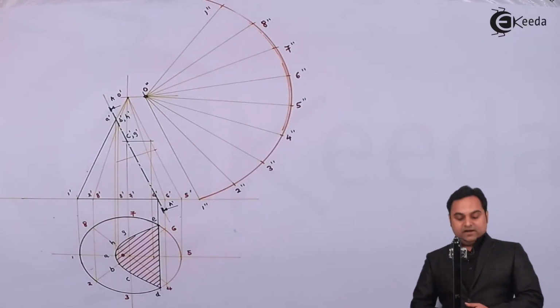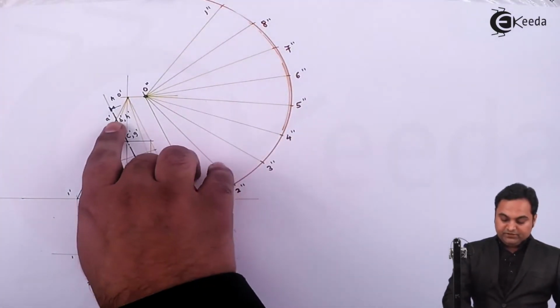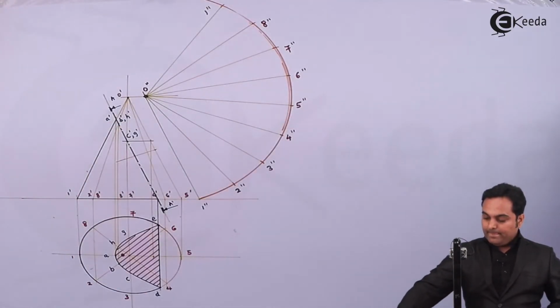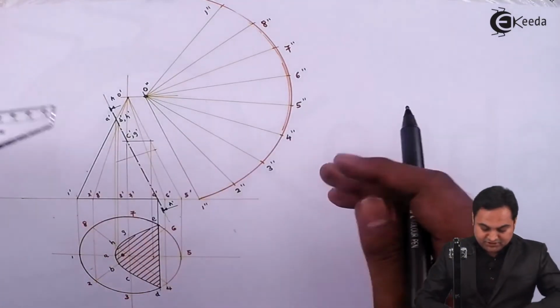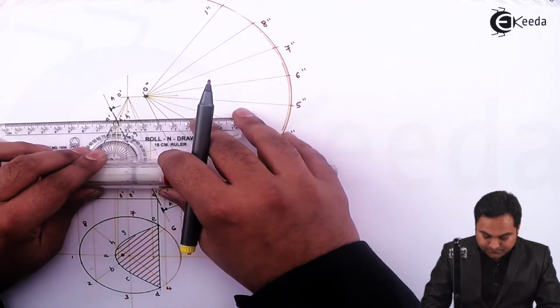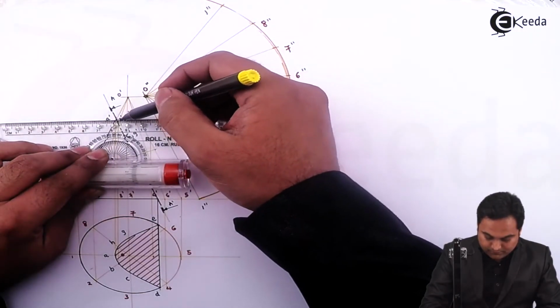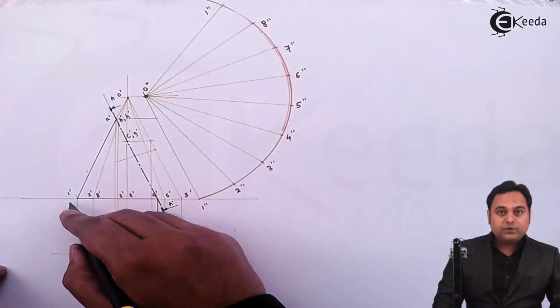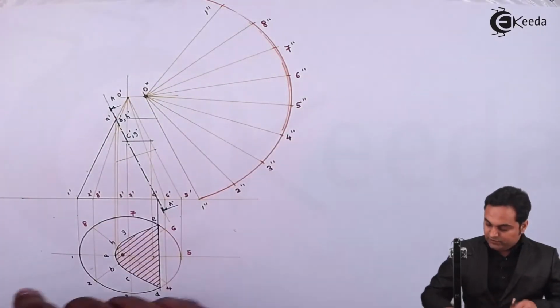Now after this, as I have plotted the points, starting with A dash first, that should be plotted onto the development. So A dash will be projected light. Here we have A dash on O dash 1 dash, so here it will be on O double dash 1 double dash.